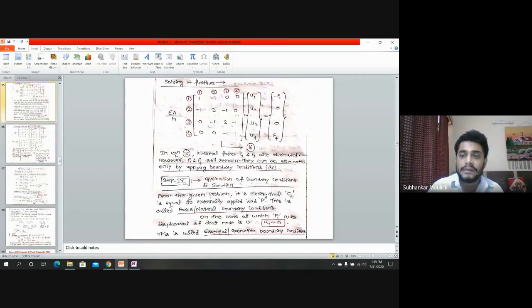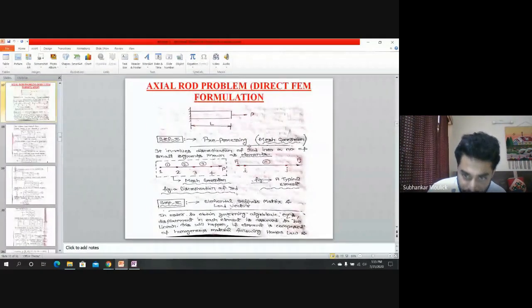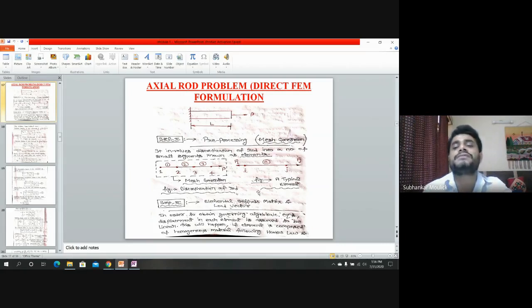And this F1 will be 0. Why will it be 0? If you want to keep any element in equilibrium, you have to apply the same and equal amount of force but in opposite direction. That means, for element 1, Fj will be equal to Fi but the direction will be opposite.